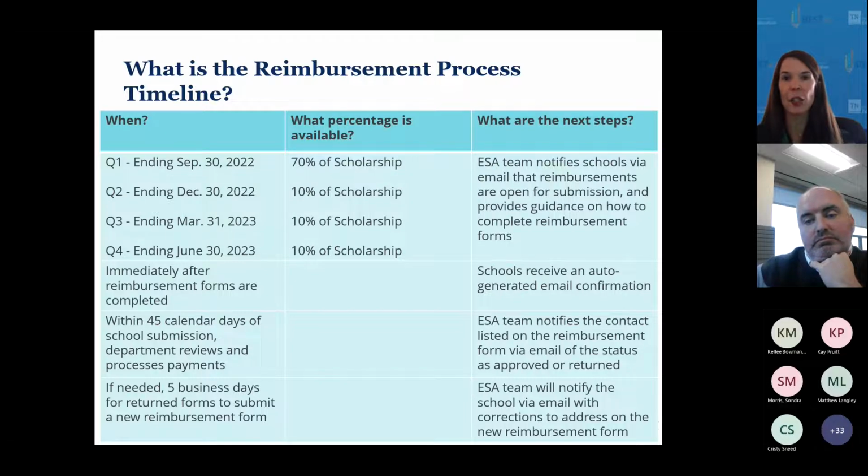You cannot edit the form once it's submitted, so if you need to make corrections, you will have to submit a new reimbursement form. We encourage you to do that within 5 business days of us emailing you the correction, so we can get that payment to you in a timely manner. We don't want to hold up any disbursements for you.